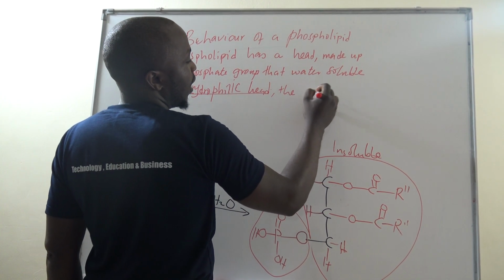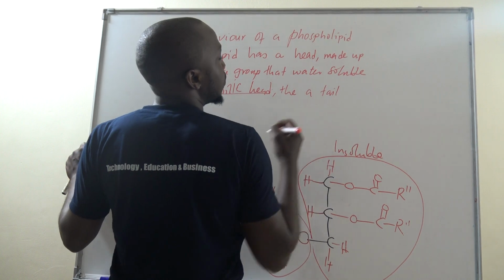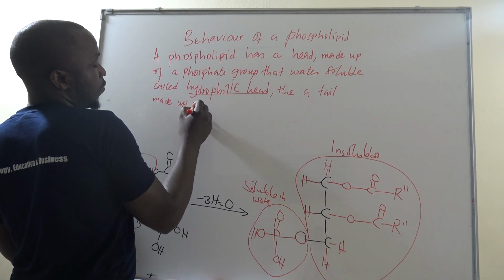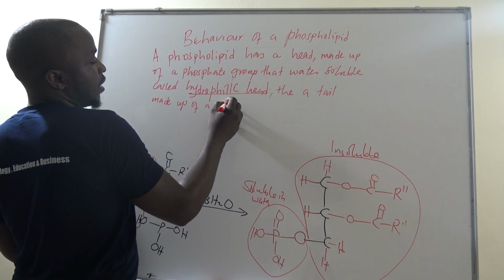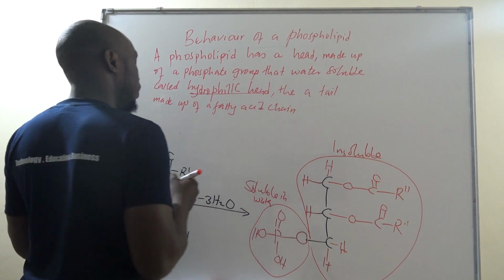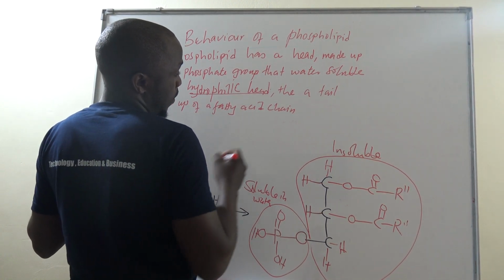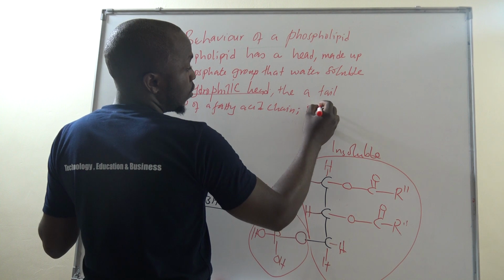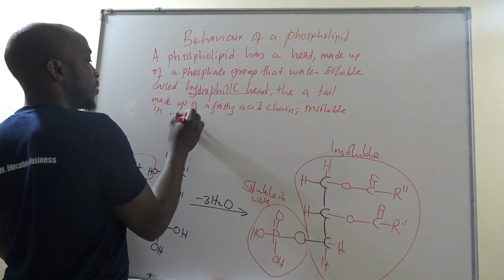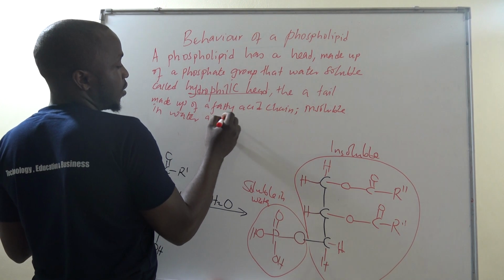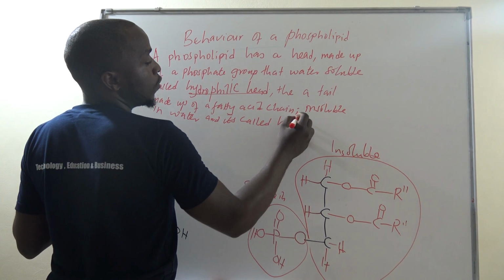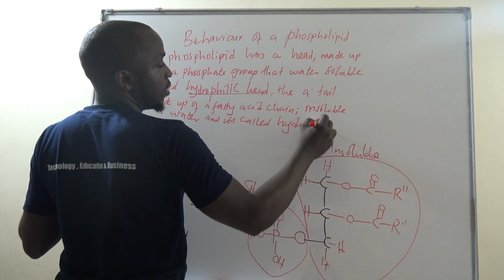Then a tail made up of the fatty acid chain, insoluble in water, and it is called hydrophobic, water repelling.